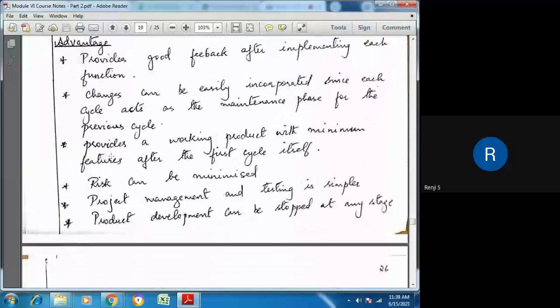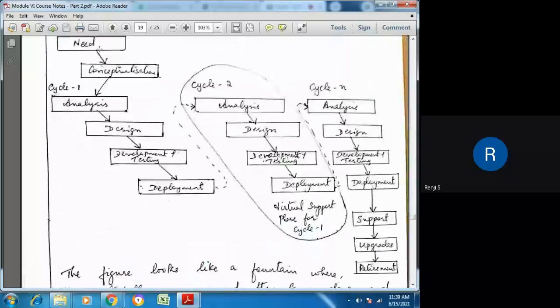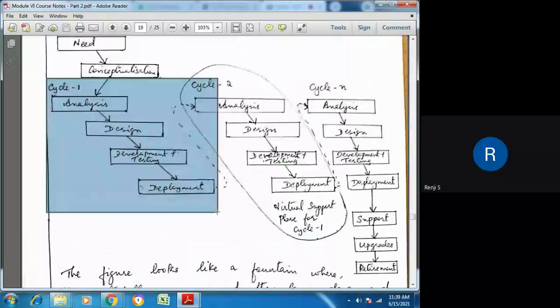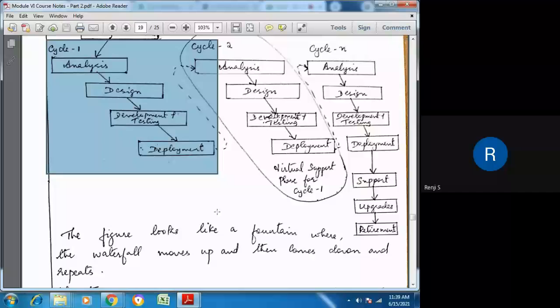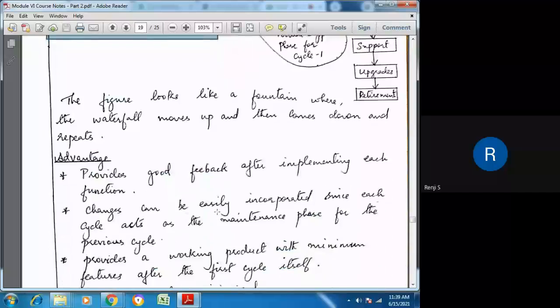The third advantage is that it provides a working product with minimum features in the first cycle itself. As we said earlier, in the first cycle, the most important requirement is identified and built into the system, and the system is released as a product. So the customers are able to get products quickly. They needn't wait till the last phase.